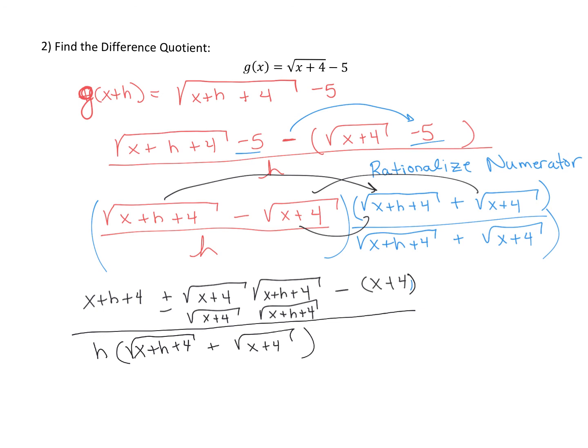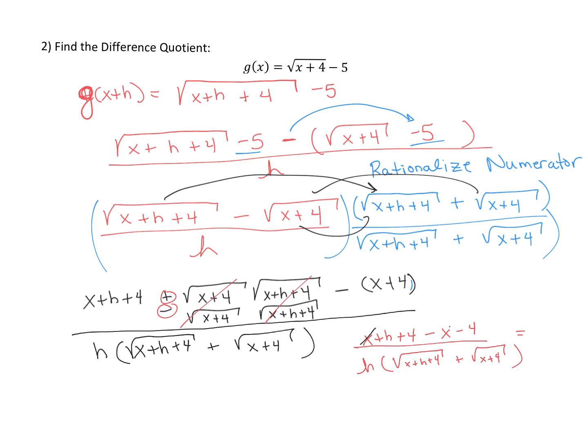So I know that this now showed up in the bottom, but you should notice that because I'm adding and subtracting the same thing, those go away. So if I simplify just a little bit further, I end up with x plus h plus 4 minus x minus 4 over h times the square root of x plus h plus 4 plus the square root of x plus 4. The x's are going to add to 0, the 4's are going to add to 0.